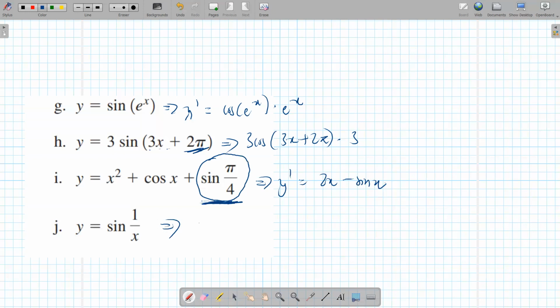J. The derivative of sine is cosine 1 over x, right? Then we need to multiply this by the derivative of the bracket. How do we find the derivative of 1 over x? Do you turn that into x to the power of -1? Okay, yeah, we can do that. What will be the derivative of that?